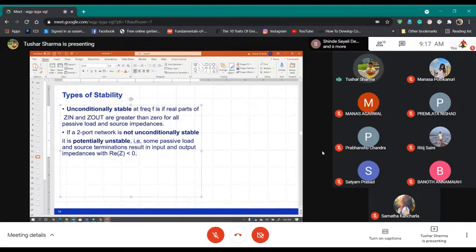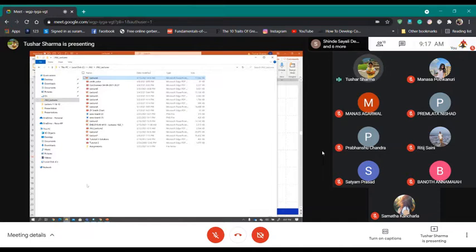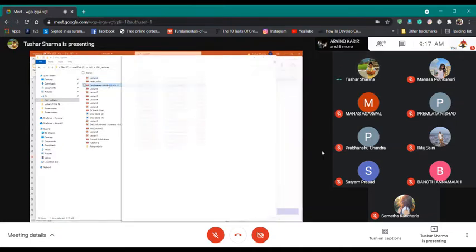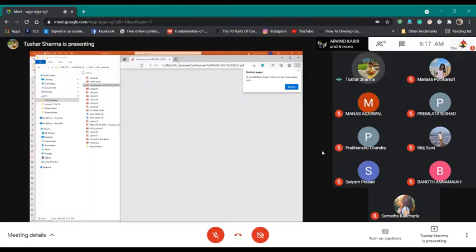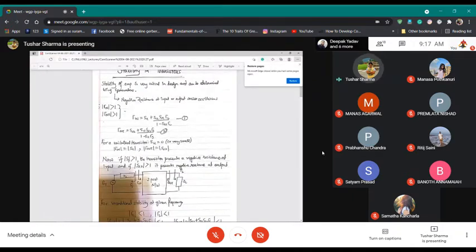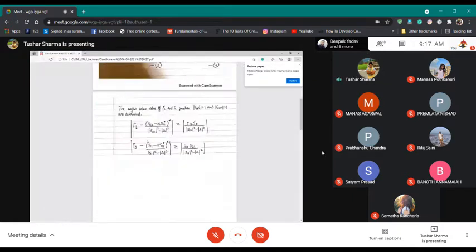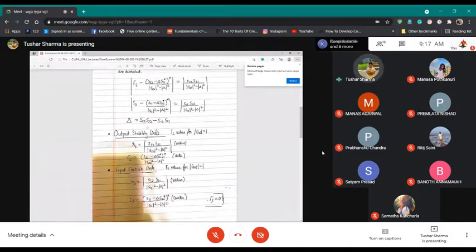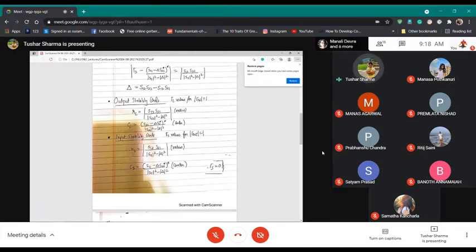So for people who attended the class last week, I did go through the derivations of how you derive all these stability circles. I don't want to go through all this again, but the main concept is that you design the output stability circle and the input stability circles, and they are based on the S parameters of the device.